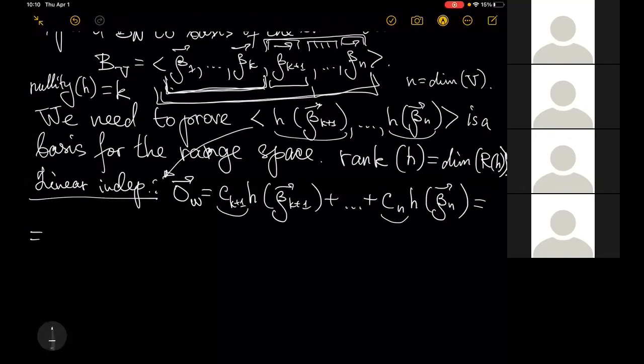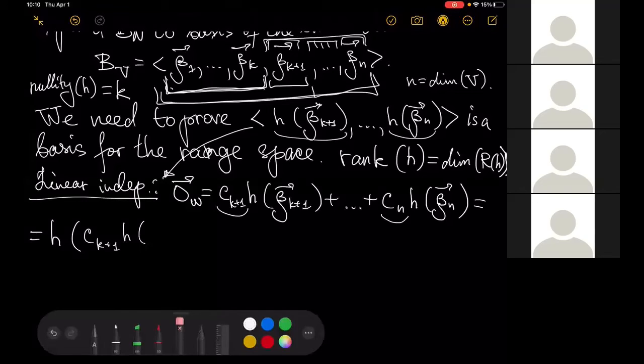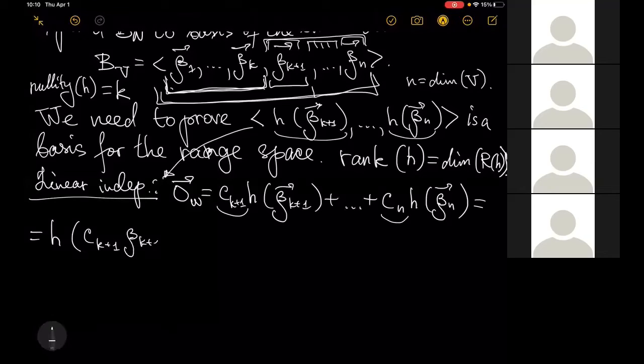We can write it as H of CK plus 1 H of beta K plus 1 and so on, plus Cn H of beta n.